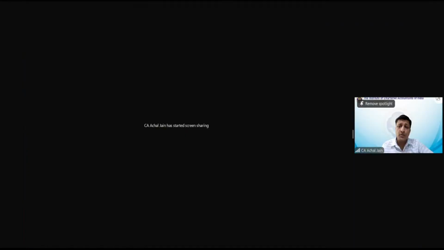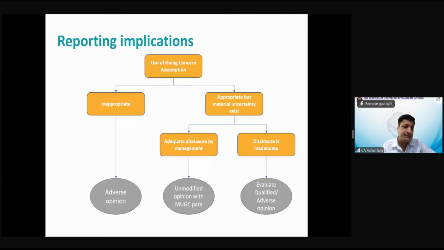Either the auditor may say that going concern assumption is inappropriate. Remember, we discussed this. Either the auditor may say going concern assumption is inappropriate, but the management may not agree. Management may say no, going concern assumption is appropriate. Then what will happen? Auditor will consider modification in the auditor's report. Now, what is a modification? We'll talk about it later on.